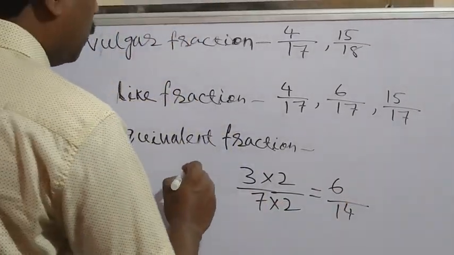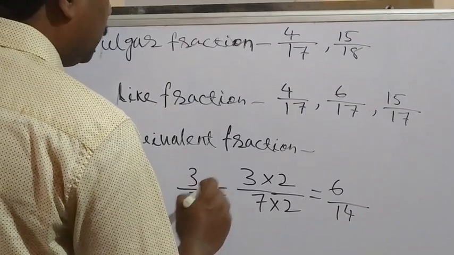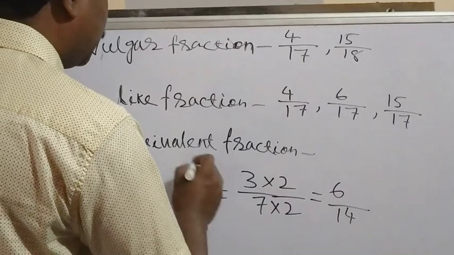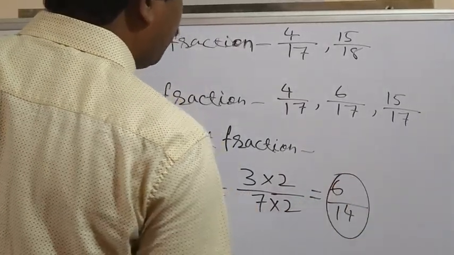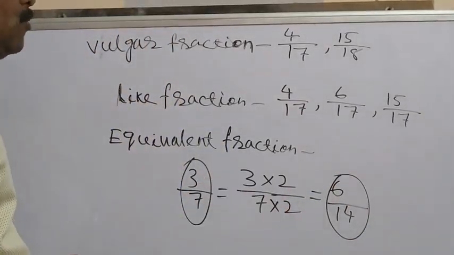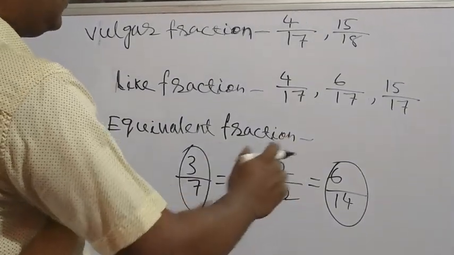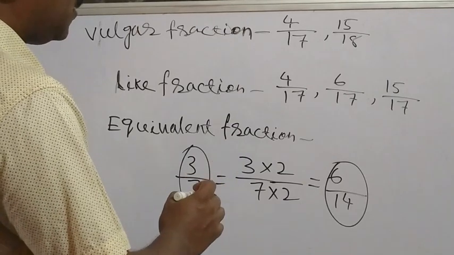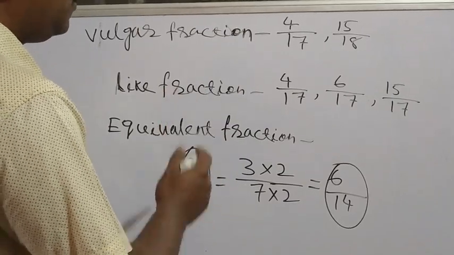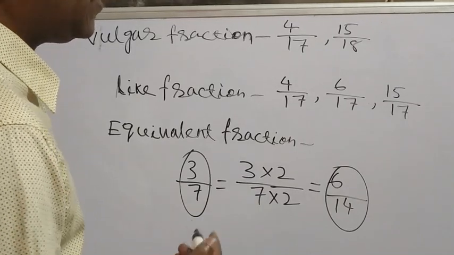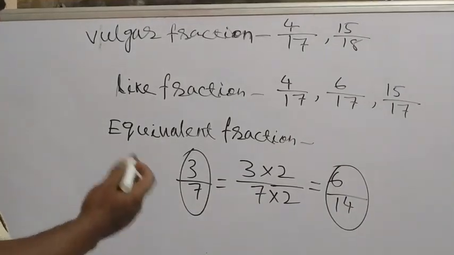So now 3 by 7 is equal to 6 by 14. Both the fractions 3 by 7 and 6 by 14 are called equivalent fraction. There is no change in the value. Both are equivalent. So remember here, if the same number we are multiplying with the numerator and denominator, the fraction value doesn't change. The same value.